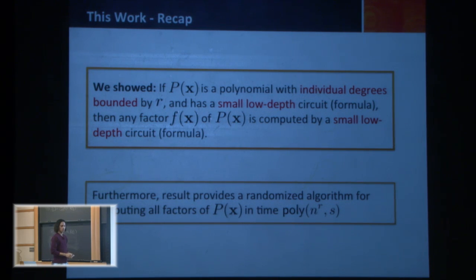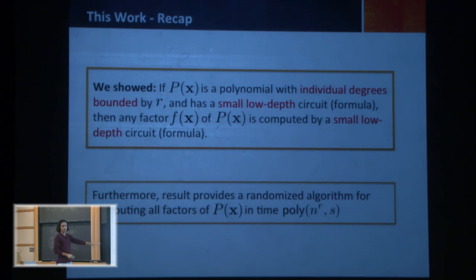There's a discriminant actually. Well, it depends what you call PIT. If PIT is a hitting set, then it's fine. But if PIT is just a procedure that tells you whether it's zero or not, then it's not. No, it is as well, because if you hit the resultant, then you can find it.